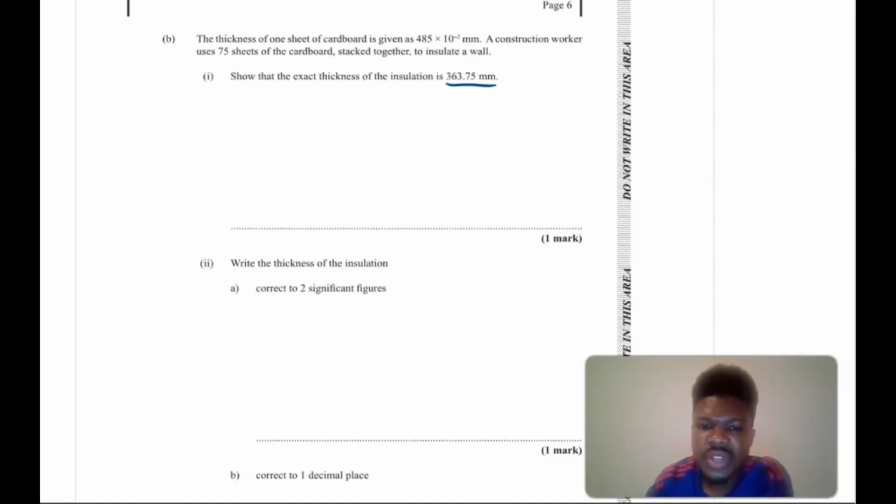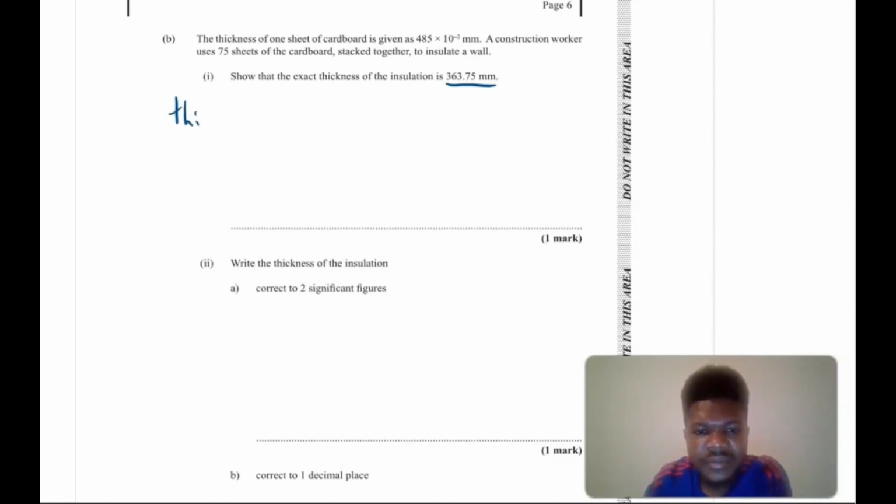Show that the exact thickness of the insulator is 363.75 millimeters. So it says the thickness of one is this, and he used 75 of it. All we have to do here is multiply. Once it says show that, we're proving this is the answer we should get. It says exact, so we show the exact thickness.